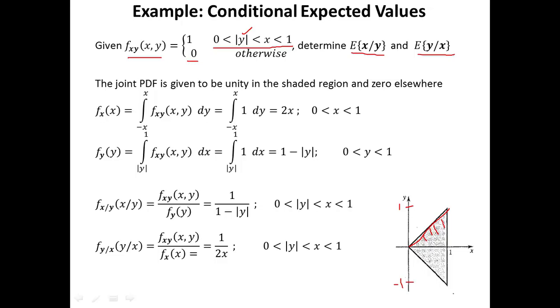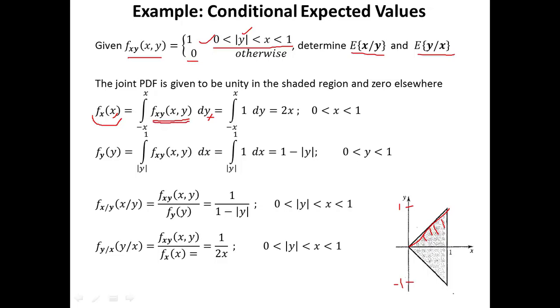Now we need to determine the conditional expectation values E x over y and E y over x. The joint PDF for this region equals 1, so we can first determine the individual PDFs of random variables x and y. The PDF of x equals the integration of the joint density function with respect to y, so as to remove the y dependency.